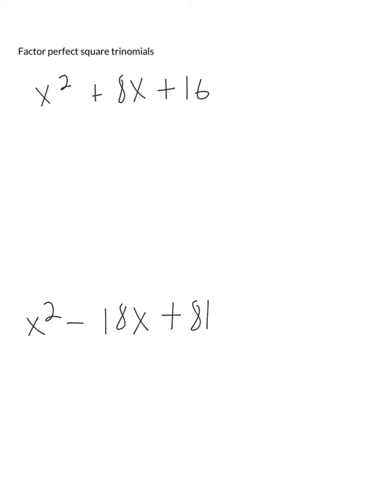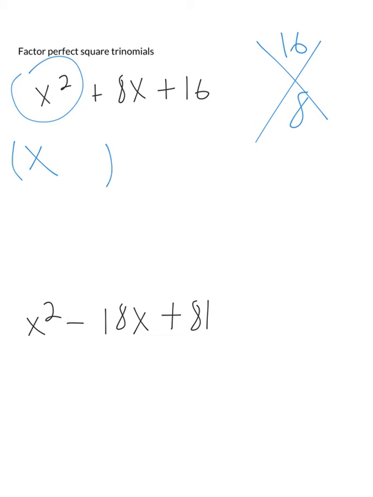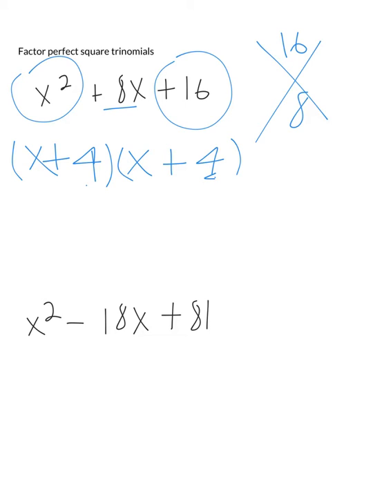Now, perfect square trinomials are just a special quadratic, and if you recognize it, great. If you don't, you can still do the x. With this x squared plus 8x plus 16, you can still do this. But if you recognize perfect square, and that 4 plus 4 is 8, this doubled, you don't have to go through this and work it out that way.